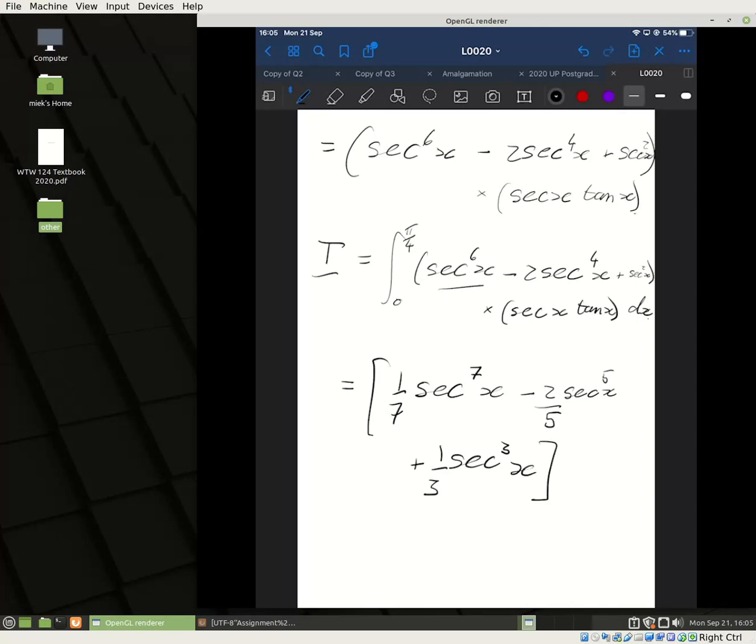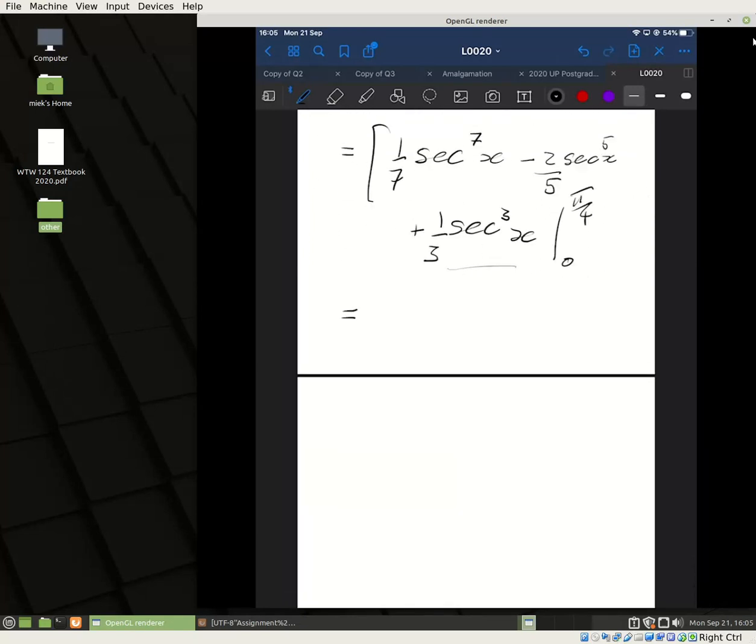And if you pay close attention and take the derivative of this expression, you will get exactly the integrand there. And this we want to evaluate between the bounds 0 and pi over 4.